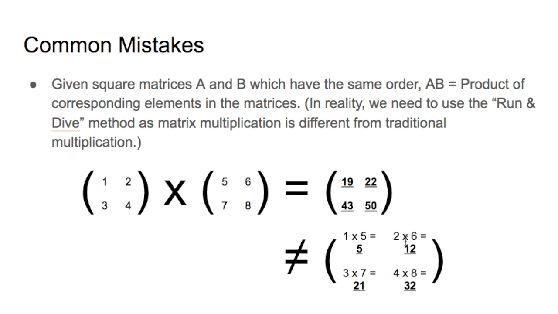And the same goes for the rest of the values, and this is a big error because matrix multiplication is very different from traditional multiplication, and we have to use our run and dive method to figure out that the values are actually 19, 22, 43, and 50.